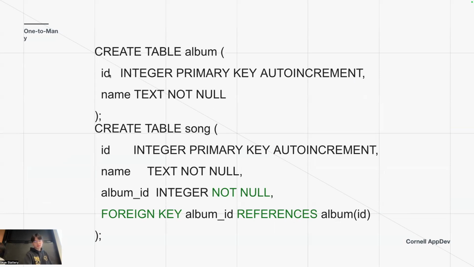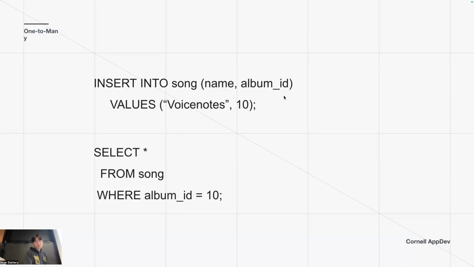So this column right here. And how to insert? It's the same way. You just insert it normally. You also insert the album ID here to give it the connection. And when you select everything, this should show which songs have the album ID 10.